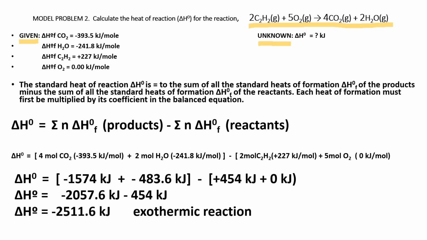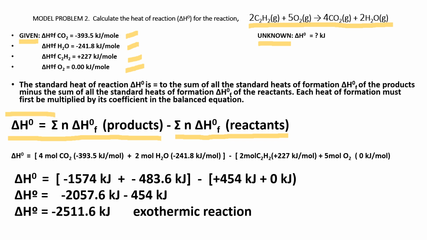So these are given, and all you need to do is plug them into this formula: the delta H of the reaction is equal to the sum of the delta H of formation of the products minus the sum of the delta H of formation of the reactants. And they are all given, right?